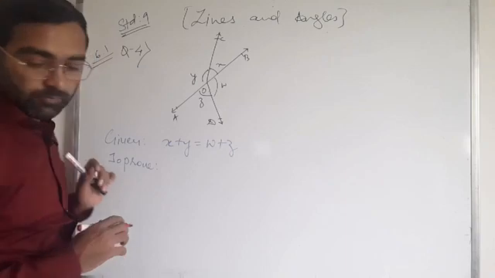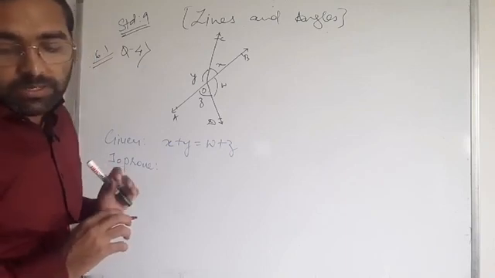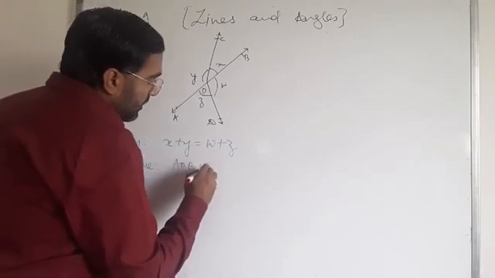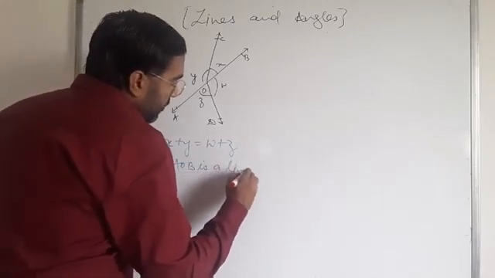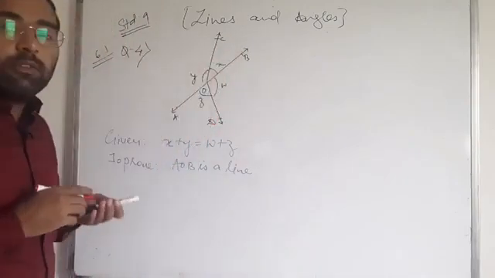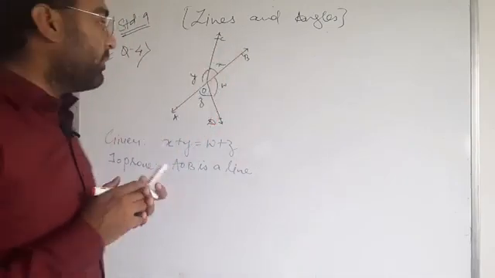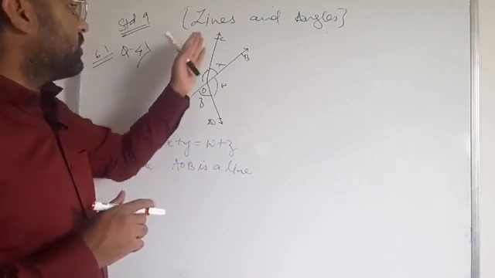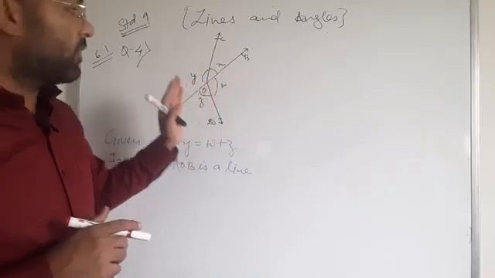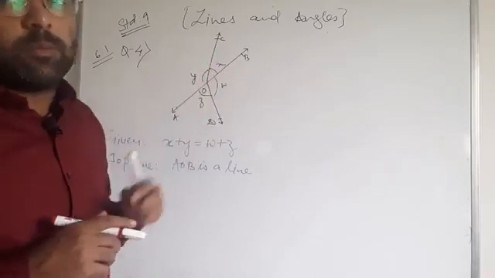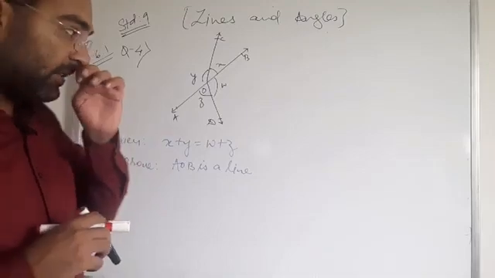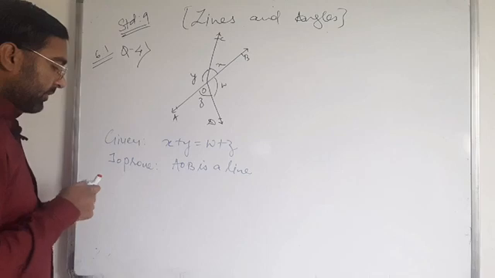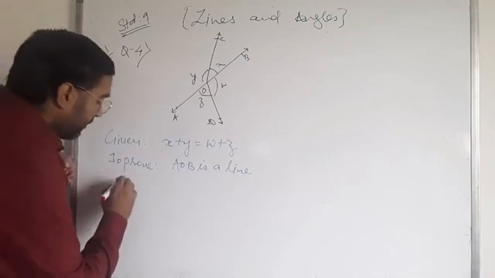We have to prove that AOB is a line, or we just have to prove that AOB forms 180 degrees, that is angle AOC or angle COB, or angle y plus x forms 180 degrees. We just have to prove that. So let's start the proof.